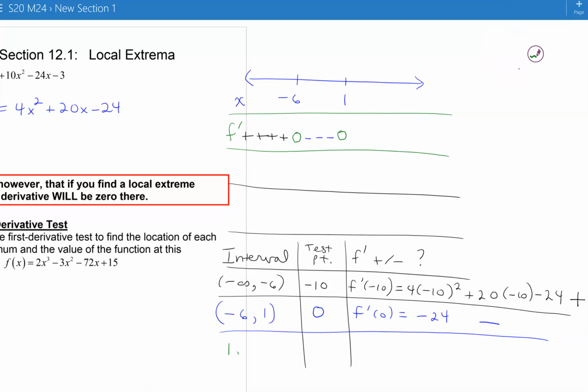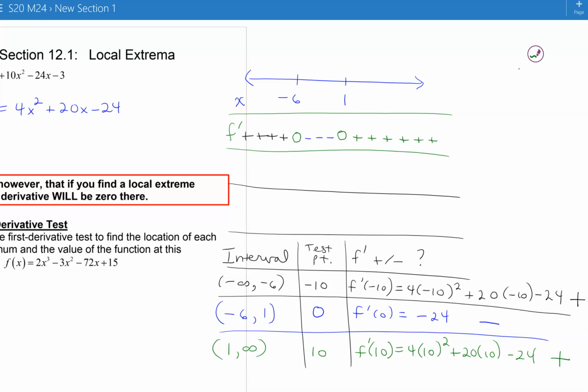And then from 1 to infinity, I'm going to pick 10 and calculate f prime of 10. That's going to be 4 times 10 squared plus 20 times 10 minus 24. Again, I can see that that's positive, but you're welcome to compute it if you like. And so I'm going to say everywhere on the interval from 1 to infinity, the derivative is positive.